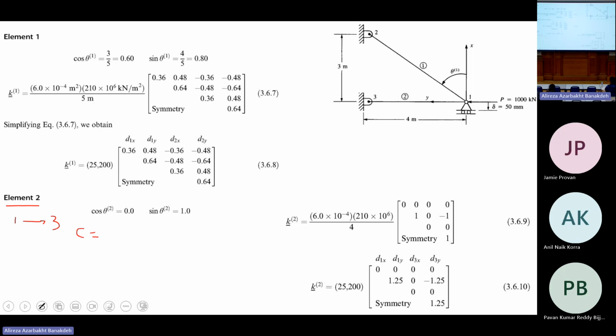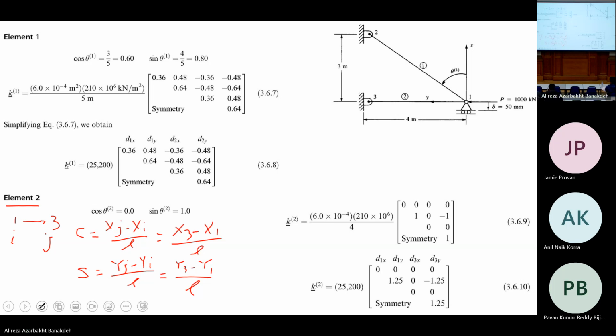So C will be xj minus xi divided by L. S is yj minus yi divided by L. And i is number 1, j is number 3. It means x3 minus x1 divided by L, where L is the length of the element, and y3 minus y1 divided by L. All right? So what is y3?